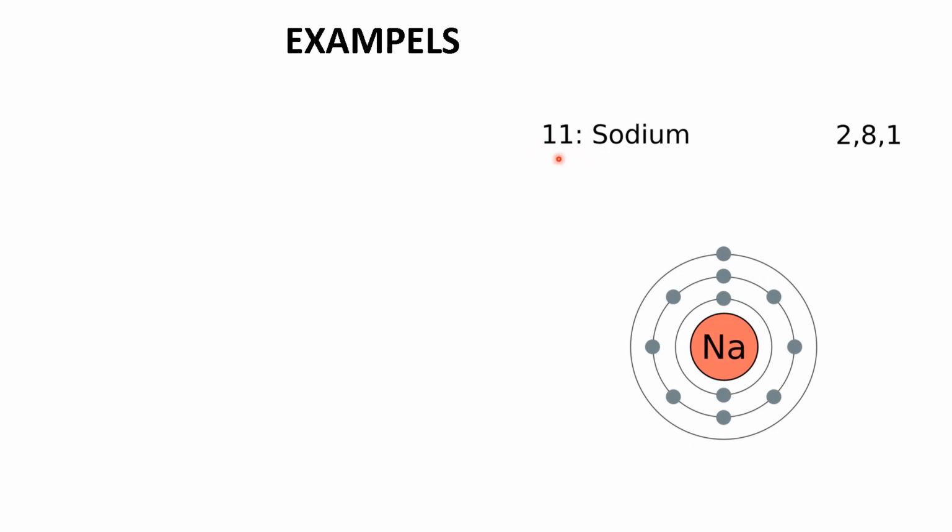The first shell fills with 2 electrons and the second shell fills with 8 electrons according to the rules, and 8 plus 2 equals 10. So the remaining 1 electron is in the third shell. So the distribution of electrons is written as 2, 8, 1.